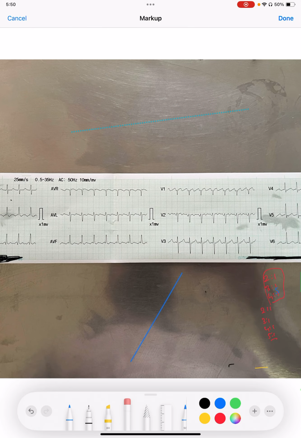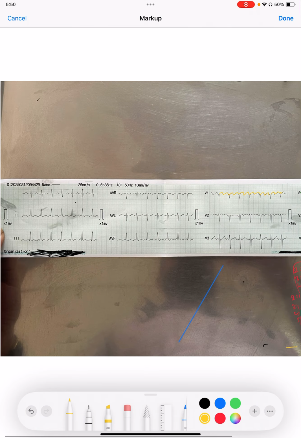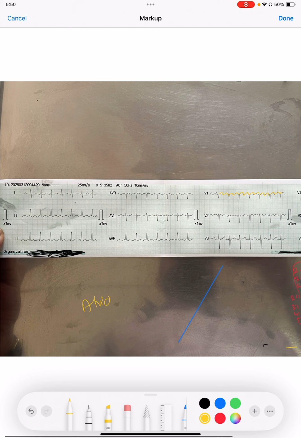We can very easily see this type of sawtooth pattern, and it is very well visible here. This is a very typical sawtooth appearance. This sawtooth appearance, with two atrial waves and one ventricular wave, is a very classical feature of atrial flutter with 2:1 block.